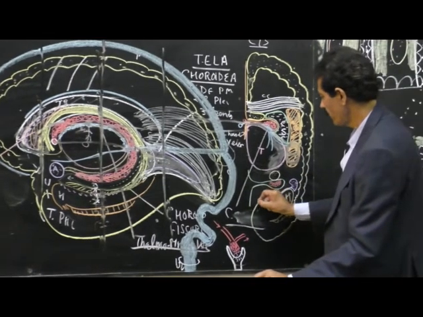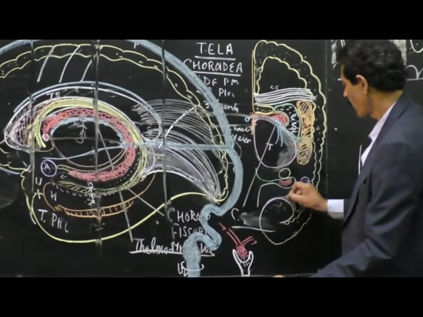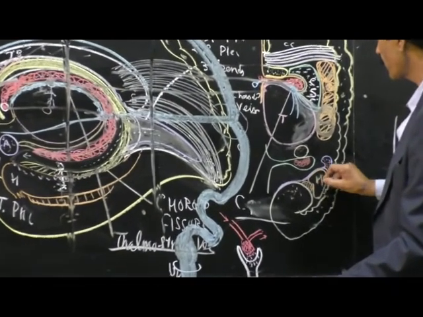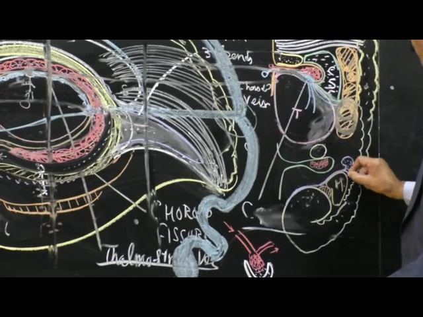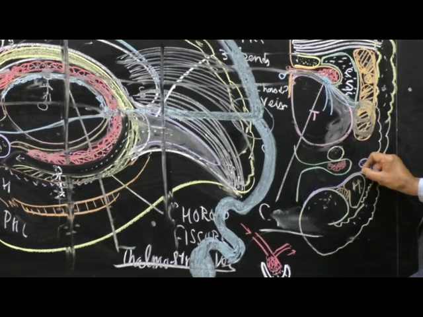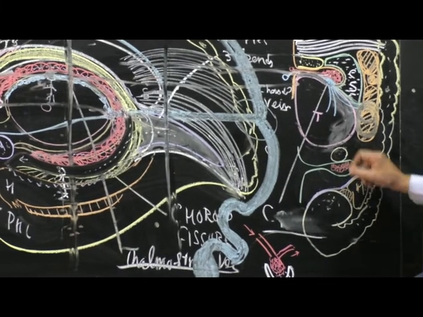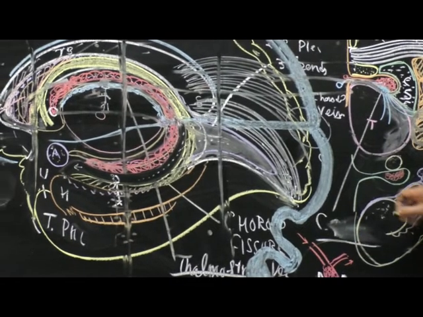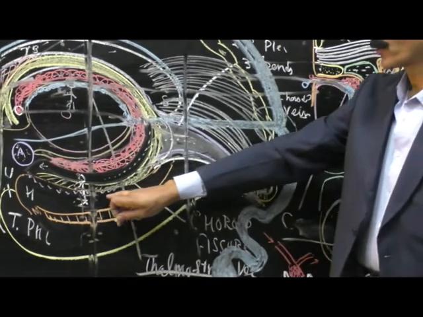So this is the alveus, the white matter coming out from the parahippocampal gyrus, dentate gyrus and hippocampus. So this forms the fimbria of the fornix. So this is how we describe the inferior horn which lies in the temporal lobe.